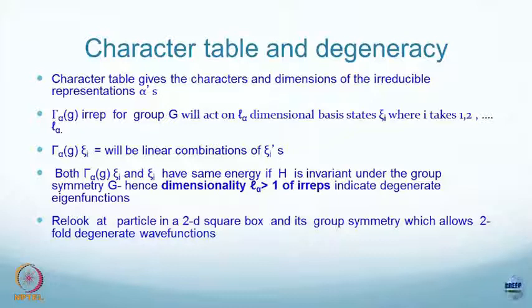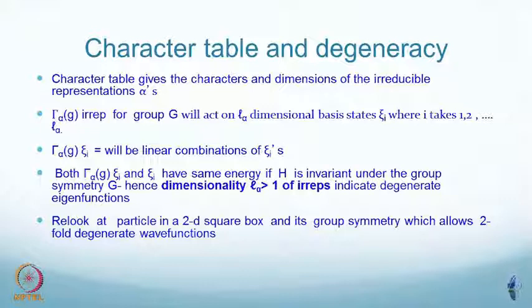If there is only a one-dimensional irrep, what is the linear combination? So, it is non-degenerate. If you are looking at a one-dimensional irrep psi I, when you do gamma on psi I, it had better be only proportional to psi I. You cannot get any linear combination. The linear combination will happen only when you go to C3V or other groups with two-dimensional irreps, where the basis will be a two-dimensional basis or three-dimensional basis, depending on what group symmetry we are looking at.